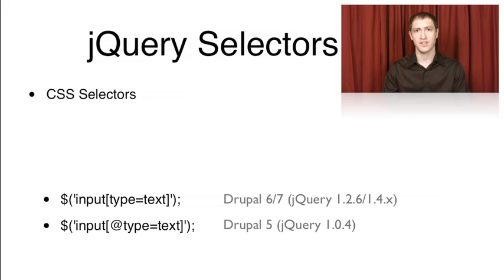Drupal 6 included jQuery 1.2, and newer versions of jQuery can be added to Drupal core by using the jQuery Update module. Drupal 7 includes the latest release, as of now, of jQuery, jQuery 1.4. So just keep in mind that if you're using older versions of jQuery, you'll need to include this @ sign in your attribute selectors. All newer versions of jQuery, that @ sign can now be omitted.